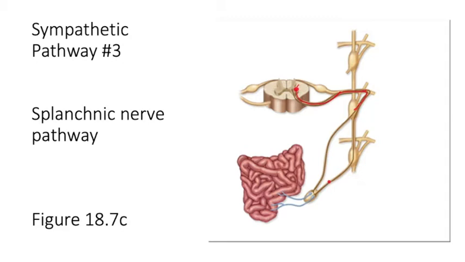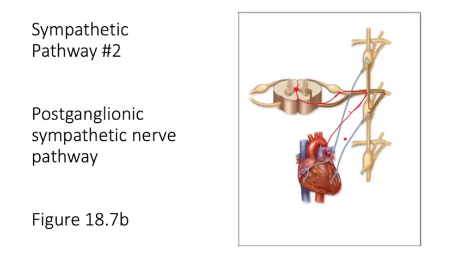Now, in this particular pathway, the preganglionic does not synapse in the sympathetic trunk. It does not synapse on a postganglionic neuron whose cell body's sitting there. No. The preganglionic just keeps on heading out anteriorly. Much like, remember the one I just showed you here? Those are postganglionic axons heading out the anterior of the sympathetic trunk.